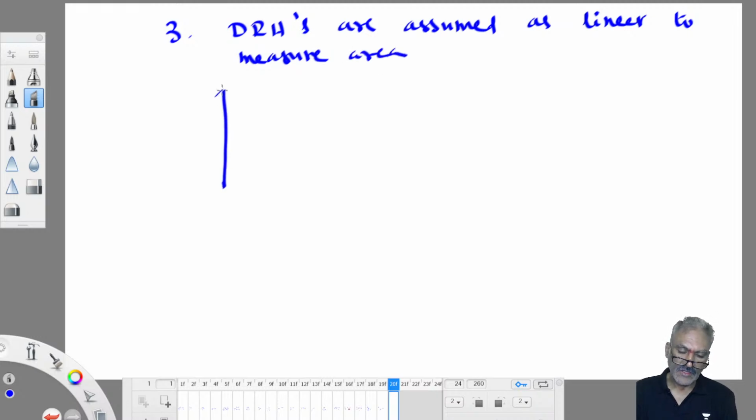So if the direct runoff hydrograph is something like a triangle, they will give you like this. Actually it is not a triangle, it is idealized as a triangle. Okay? So a little error would be there, that's fine, it's okay. It is not a big error.